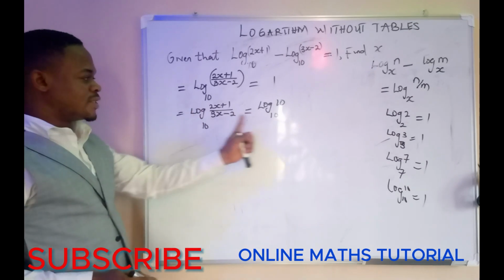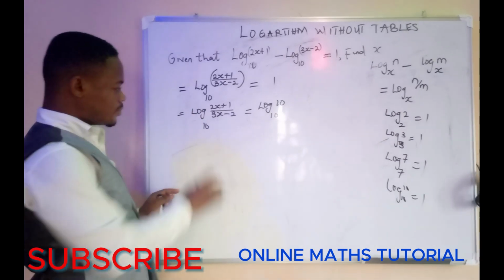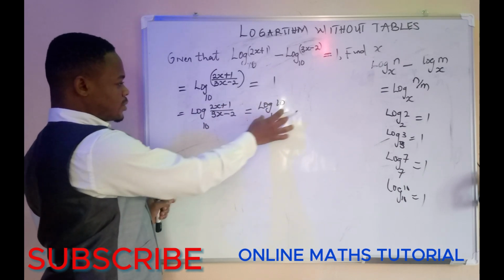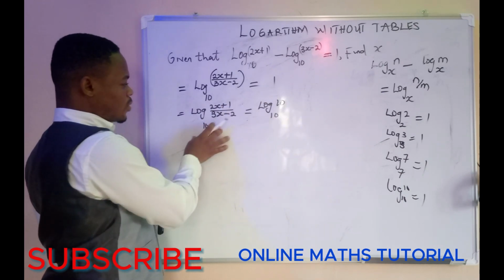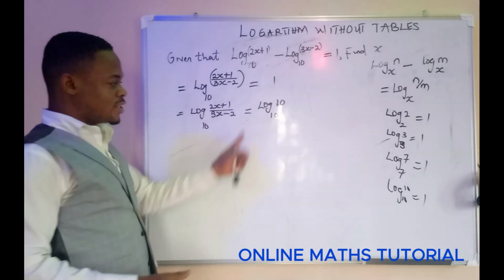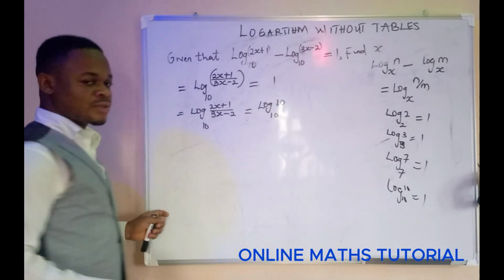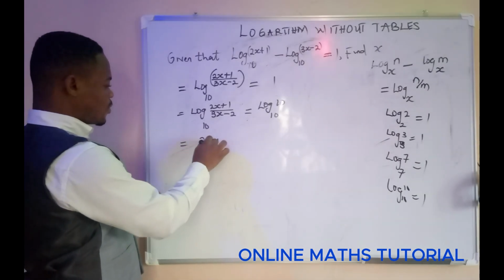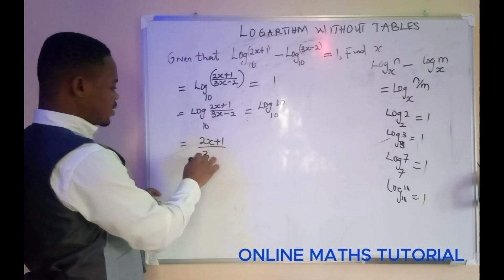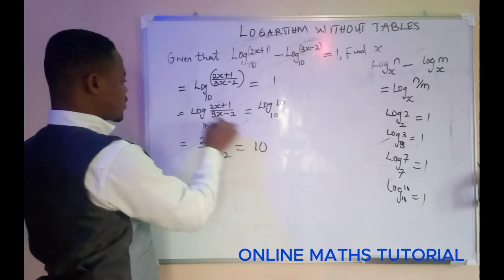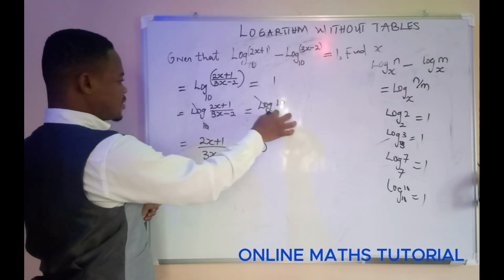Now, since they are of the same log, the bases are equal. Since the bases are equal, that means the numbers will be equal. So this is equal to (2x + 1) all over (3x - 2) equals 10, because this has cancelled out this.